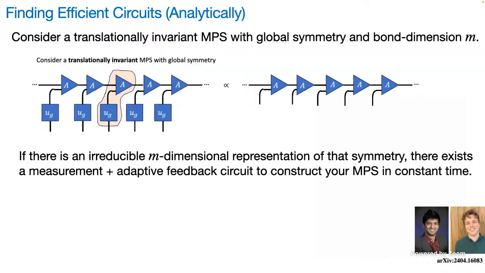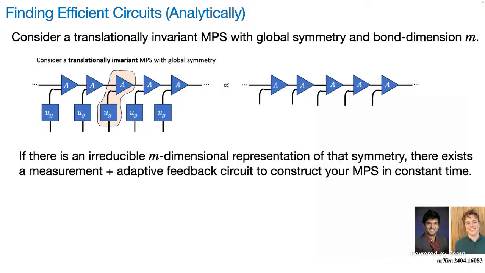Yes, Felix. Sorry, going back to the previous slide, I'm a little confused how you use global here, because you also said it's an on-site symmetry, like SU(2) symmetric or Z2 cross Z2 or Z2. It's a symmetry where it's on every site, so if I apply the symmetry on every site, I get this invariance.